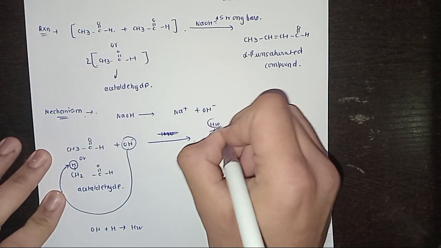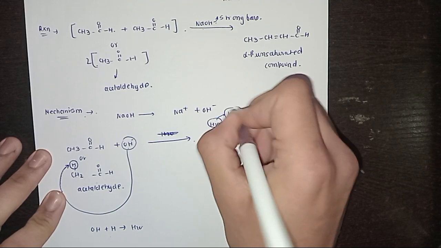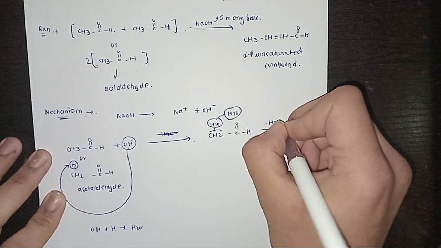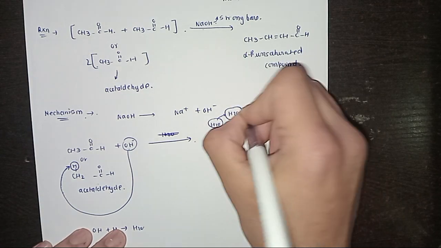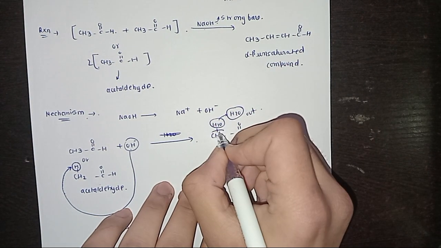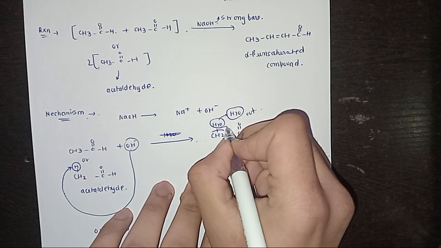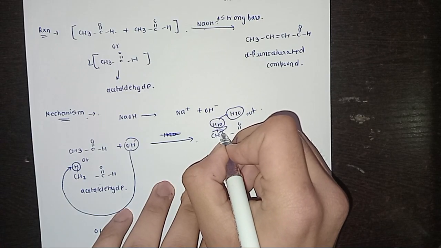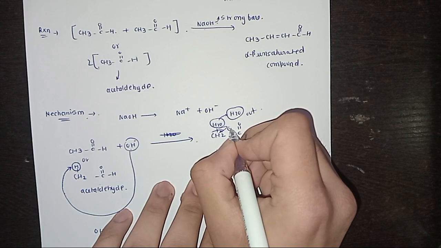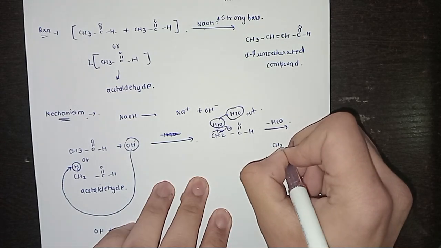And now अब ये क्या होगा, ये H2O यहाँ से रिमूव हो जाएगा और H2O यहाँ से मैं लिख देता हूँ, H2O is out, and this bond will shift here and it will form the negative charge, and it will show like this.